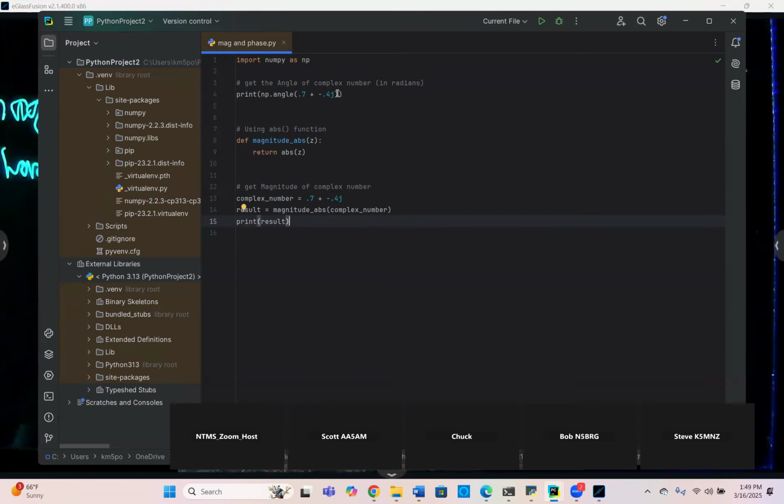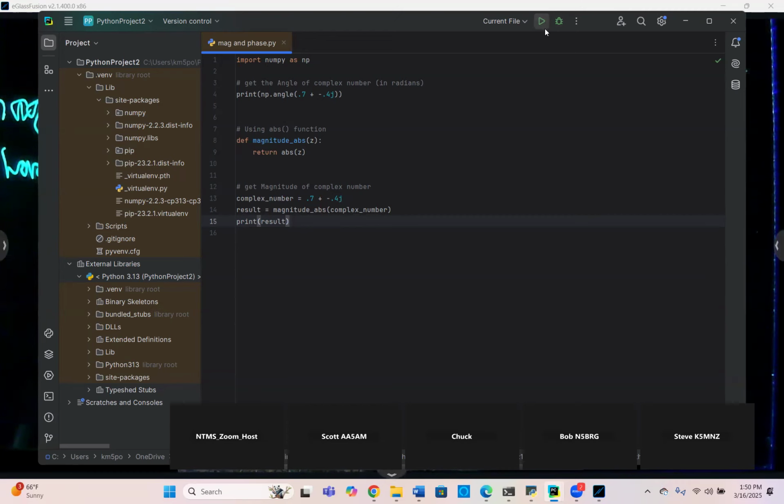You just put in the complex number here, 0.7 minus 0.4j, which is the imaginary component. And then define a function magnitude, absolute of z, and then you can just do this down here for the angle, I'm sorry, the magnitude of 0.7 minus 0.4j.